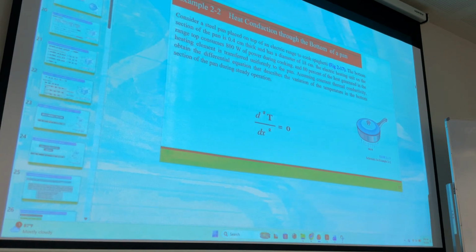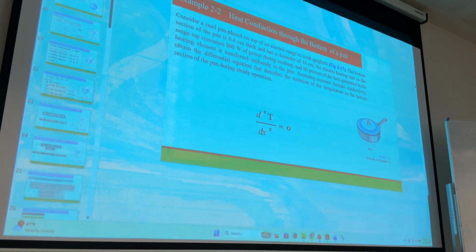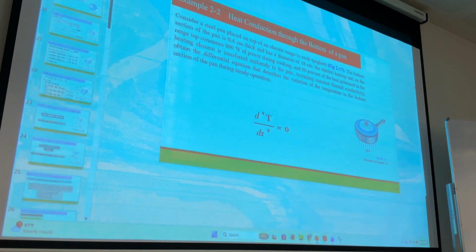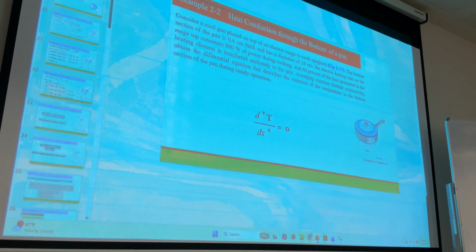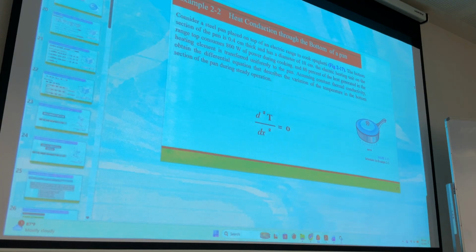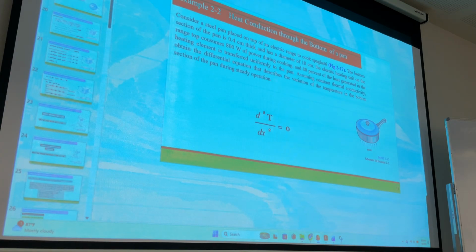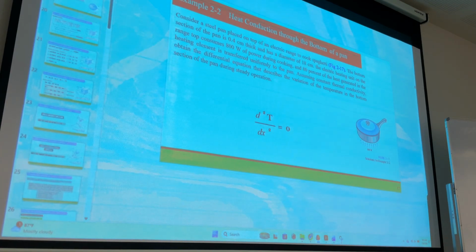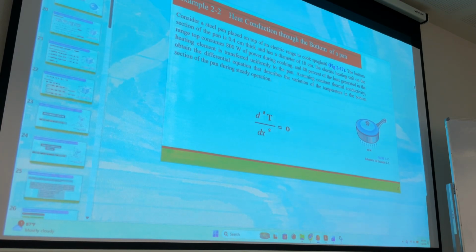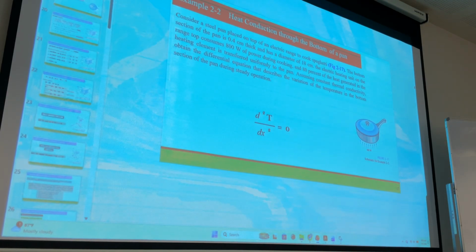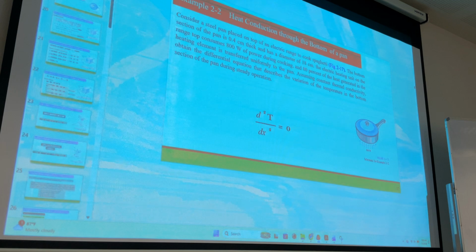And I think some of you had some doubts over this one. Why did we use this differential equation to denote the heat transfer in this case? If you read this numerical, it is saying consider a steel pan, placed on top of an electric range, placed on top of an oven.